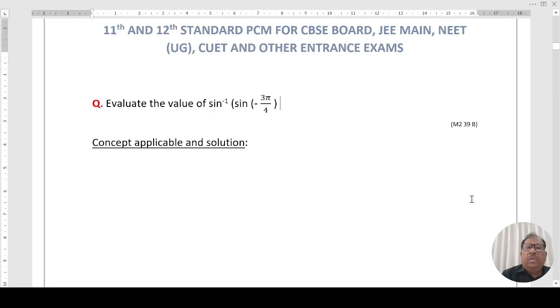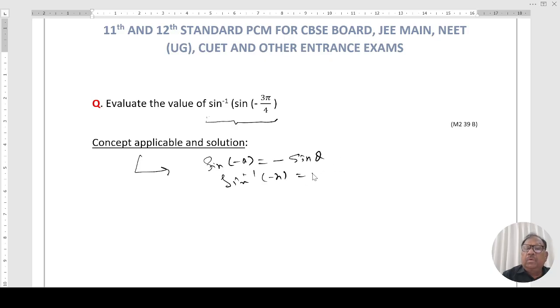Question is, evaluate the value of sin inverse of sine of minus 3 pi by 4. Concept applicable: sine of minus theta is minus sin theta. Sin inverse of minus x is minus sin inverse x.